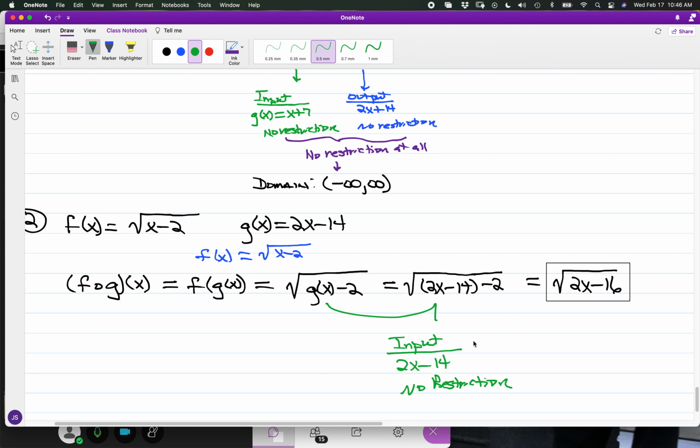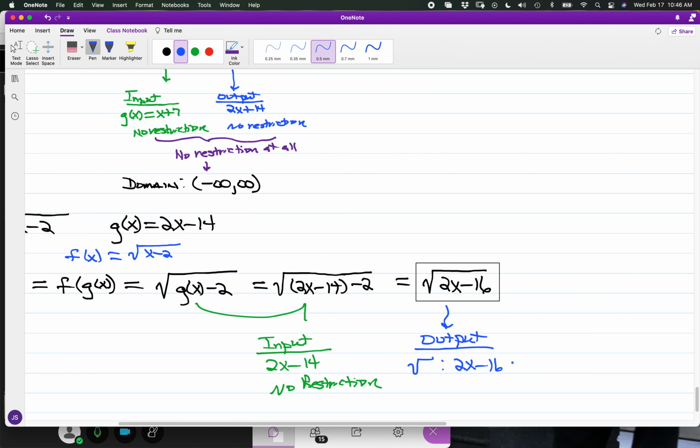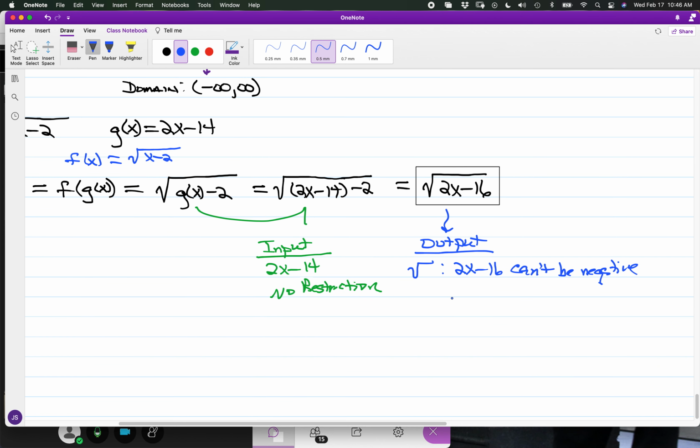However, in the case of the output itself, because you have a square root, 2x minus 16 cannot be negative. Now it can be 0 or positive.